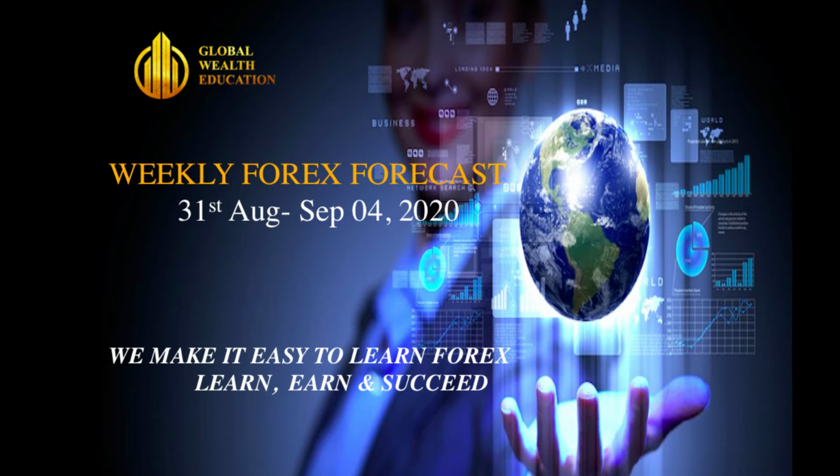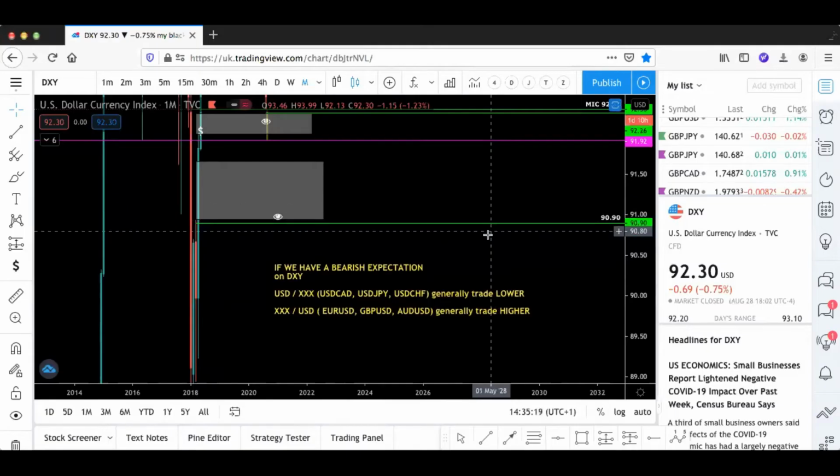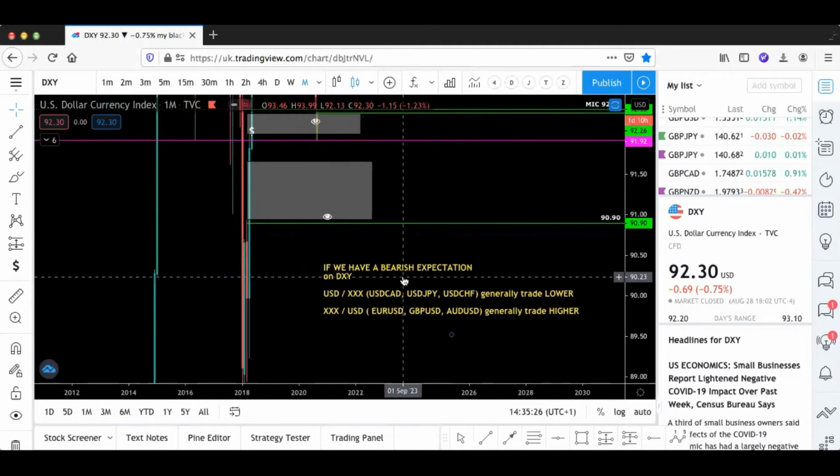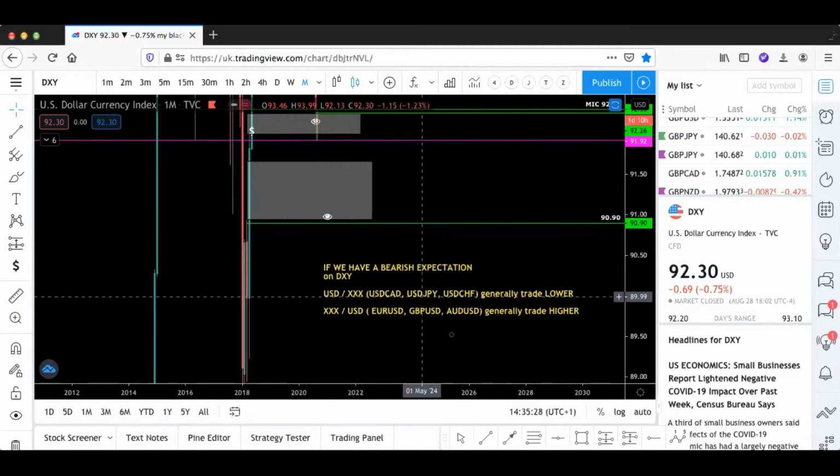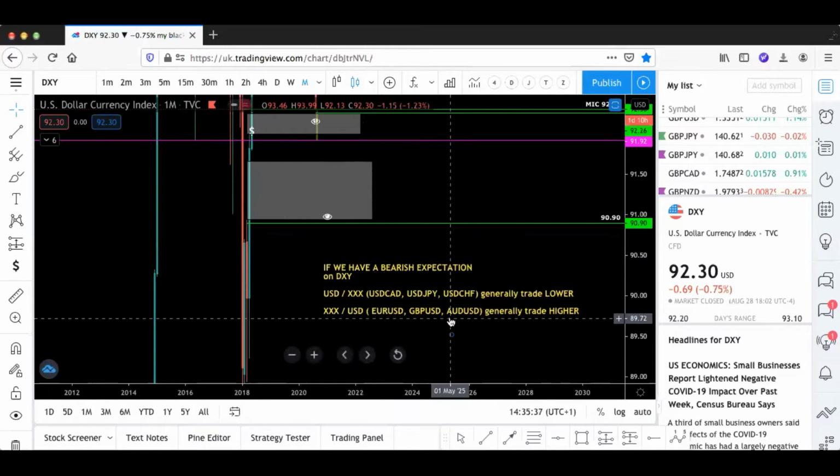Let's jump into DXY. Why do we always look at the dollar index to understand the direction and moves of the other major pairs? Pairs like GBP-USD, EURUSD, AUD-USD and USD-CAD are dollar-based pairs. If we have a bearish expectation on DXY, USD-CAD, USD-JPY and USD-CHF generally trade lower, and EURUSD, GBP-USD and AUD-USD trade higher.